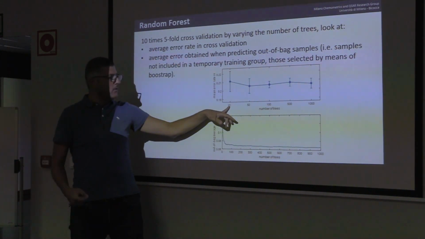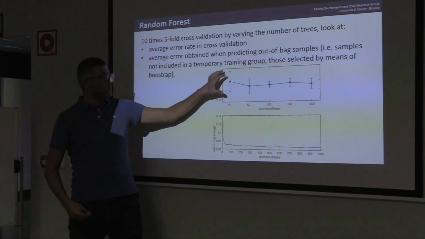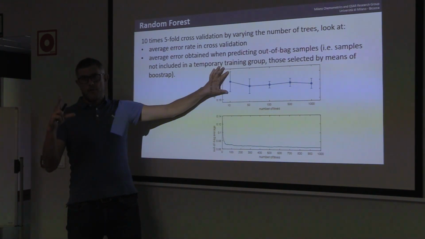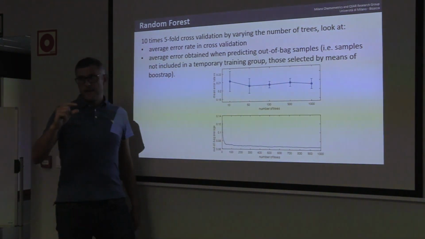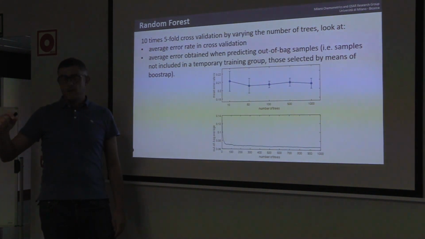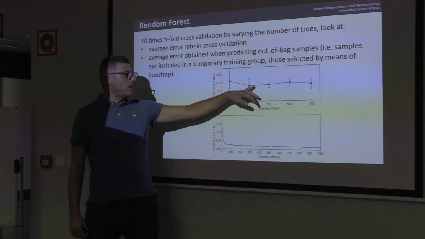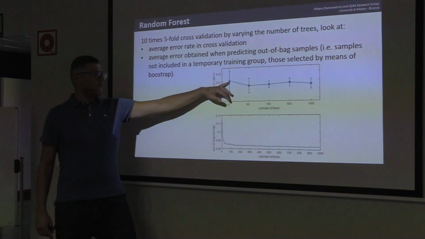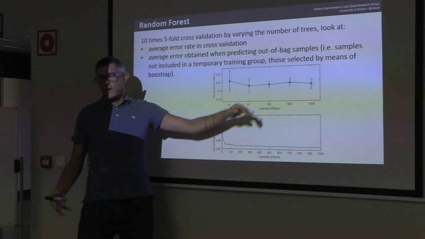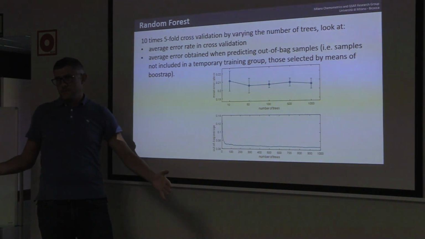Can you see, when I use a low number of trees, of course, I have more variation in my results. And if I use more trees, then the results have lower variation. But if I look honestly at this error, it doesn't change so much. It's actually the same.